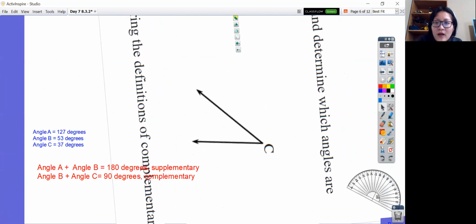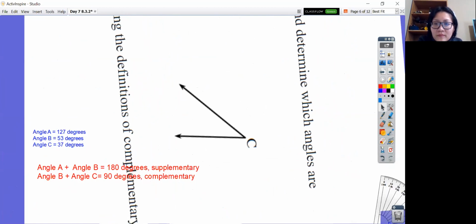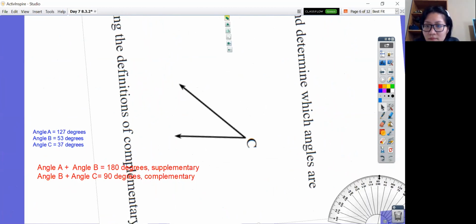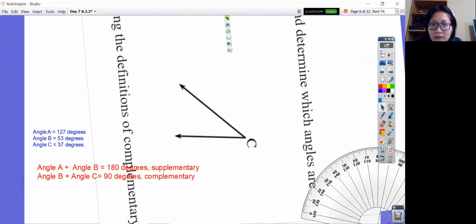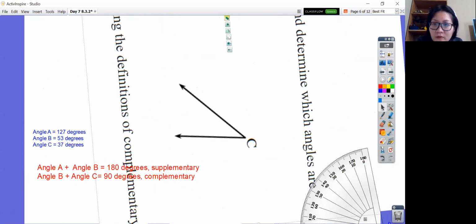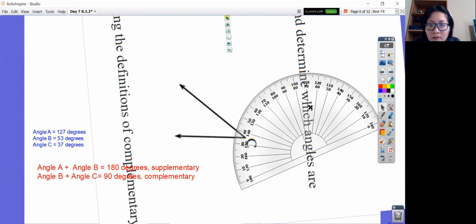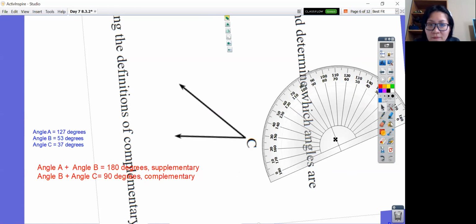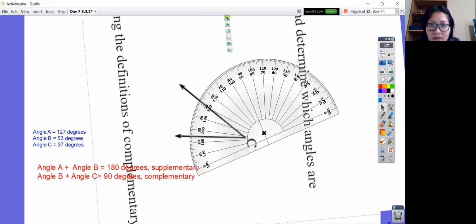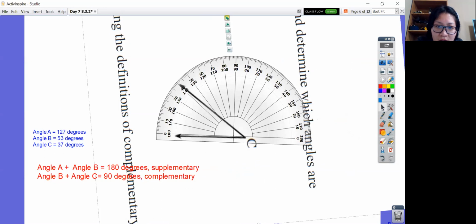Now I'm going to use my protractor. Make sure the center of rotation matches your vertex.